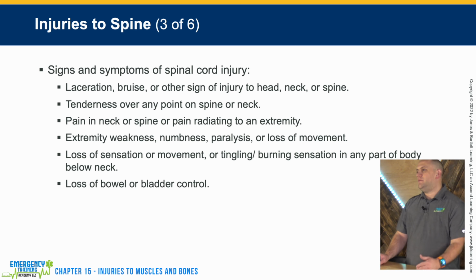Another sign that they may have spinal cord injury is either a loss of bowel or bladder control, and we can also see with these patients something known as a priapism, which is an erection associated with a spinal injury.